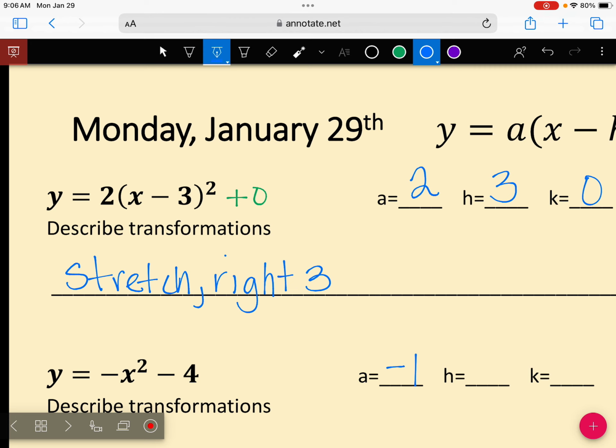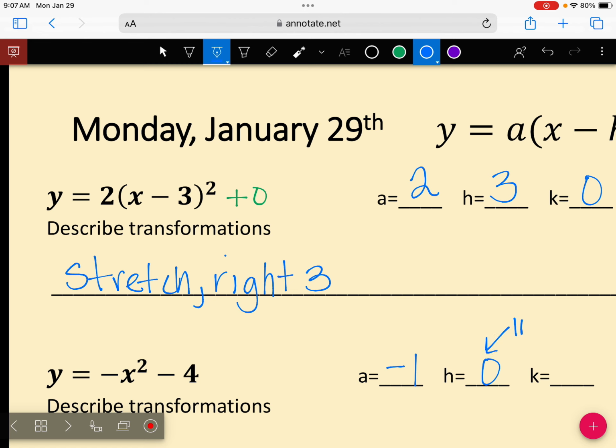We only flip what's inside of the parentheses. So do you see parentheses for this question? Do you see how this one doesn't have any parentheses? So what do you think that means? H is what? If you don't see parentheses, that means H is 0.